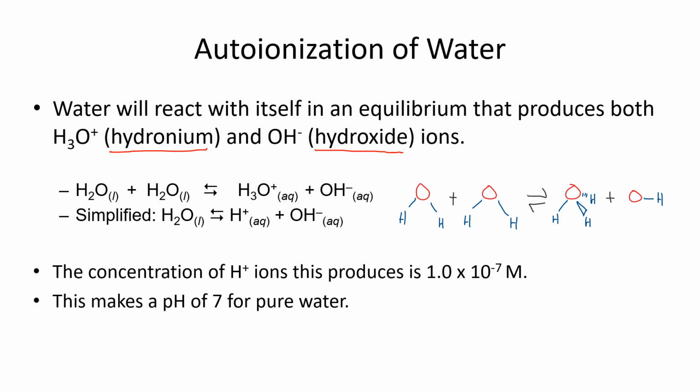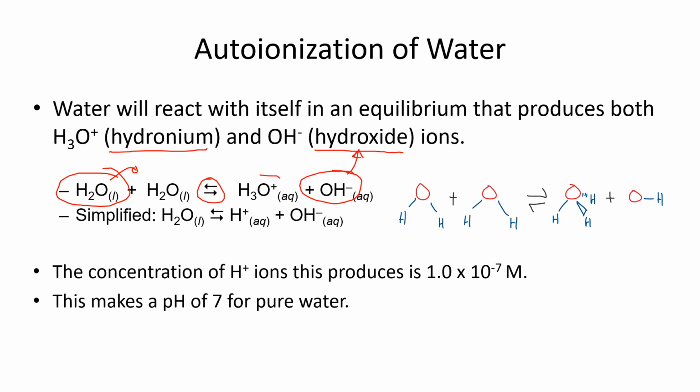So if you have some water, water will actually form an equilibrium with itself, whereby some water molecules give up a proton or a hydrogen ion to another water molecule. And once it gives up a hydrogen ion, what it ends up being is a hydroxide ion, right? And you would end up with hydroxide ions in your solution from just pure water.